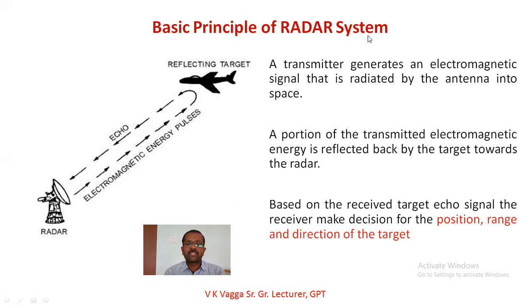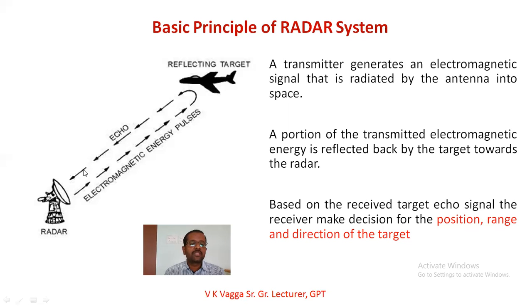Understood? It's very simple. The transmitter sends the electromagnetic signal into the space, and it gets hit by the target, and afterwards it reflects one echo signal, and it gets received again by the radar.